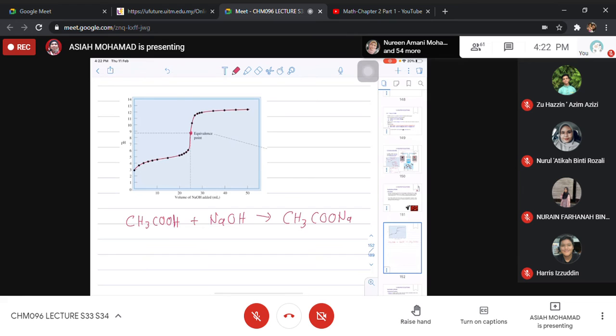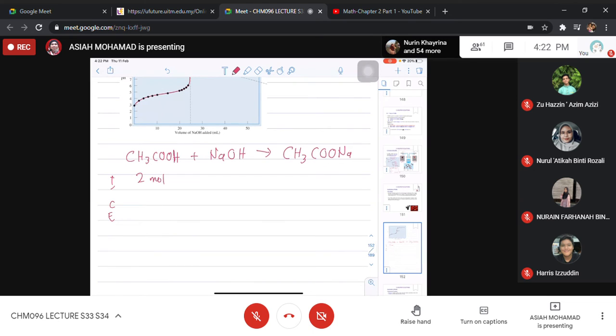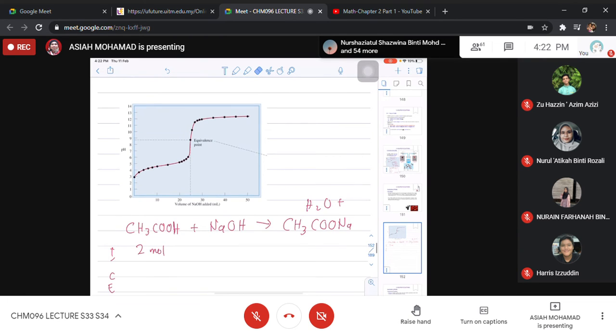Before reaching the equivalent point, it's the same case. Let's say you have 2 mol originally present. So ICE. If you add 2 mol, it will reach the equivalent point, leaving only water. But before reaching 2 mol, at any point in this region, this is called the buffer region.